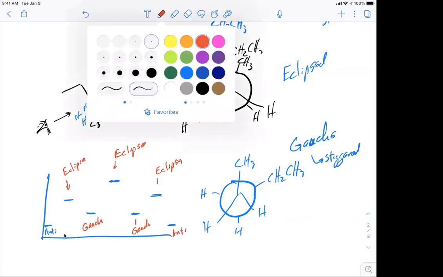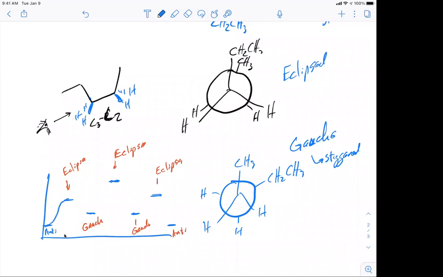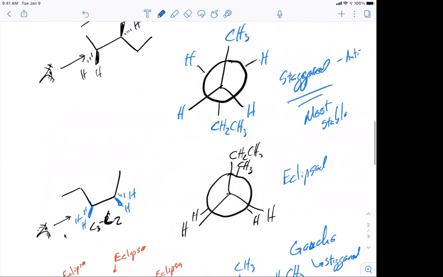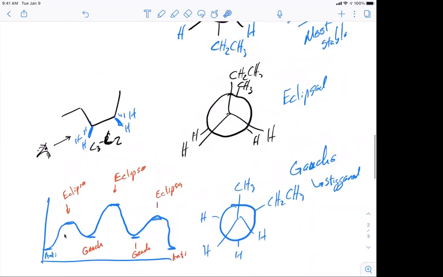So as you rotate around that bond, you're getting different energies. And of course, the lowest energy is going to be the anti, which is the one I showed first. Does that help with these?